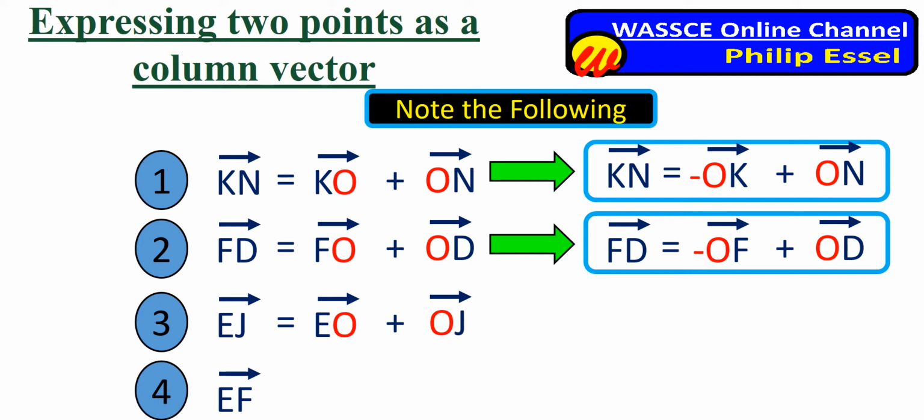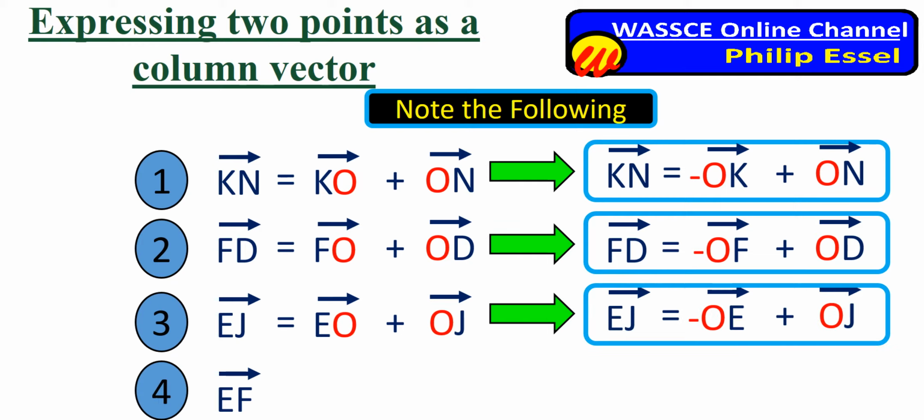The vector EO can be written properly as negative OE. So we will do that, and we will rewrite this whole equation into vector EJ equals negative of vector OE plus vector OJ.